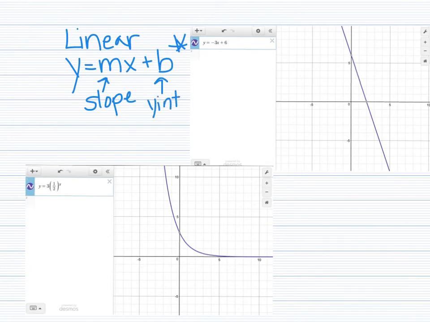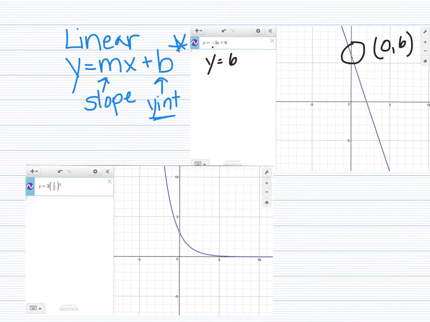Same thing for that y-intercept: that's when we set x equal to 0. When x equals 0, this term turns to 0, so we've got y equals 6. We can see that right here on the graph. There's that y-intercept: x is 0, y is 6.